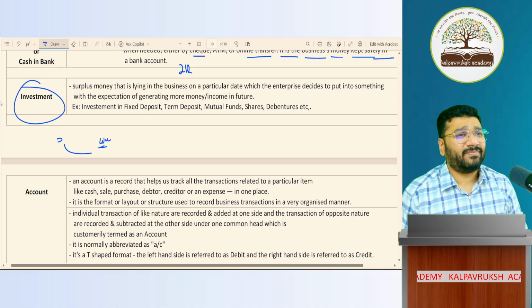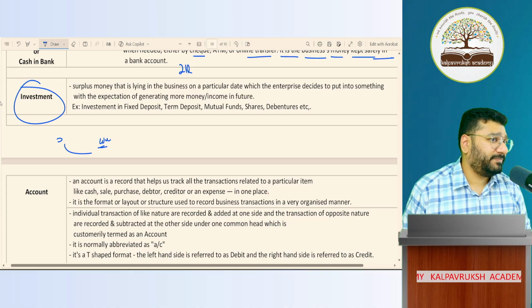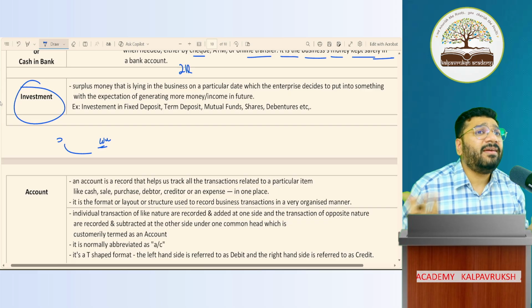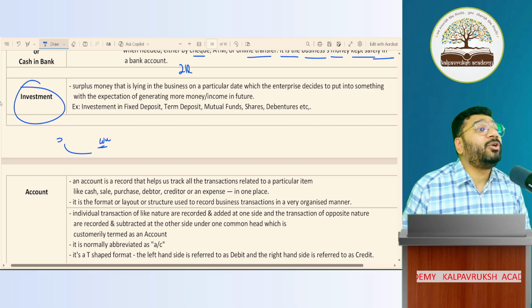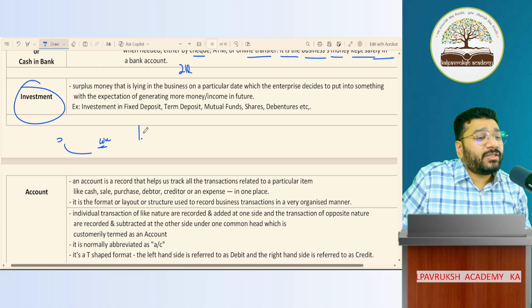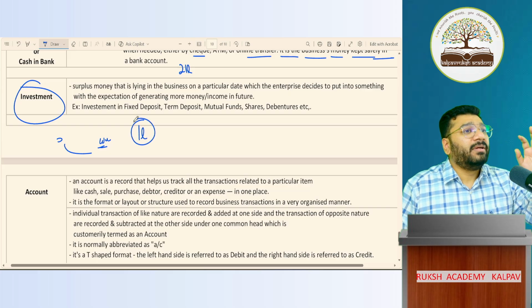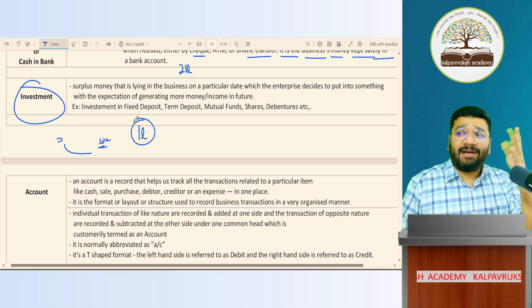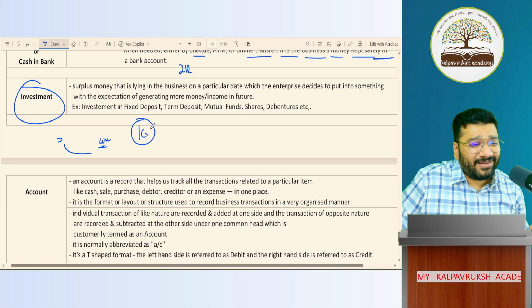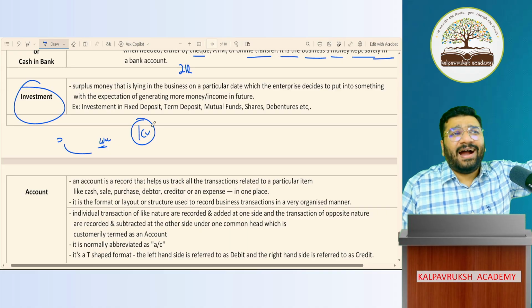Investment. What is the meaning of investment? We work hard. Why? To earn money. Imagine all of you worked hard and made savings of 1 lakh rupees. Now imagine you worked hard and earned 1 crore rupees.